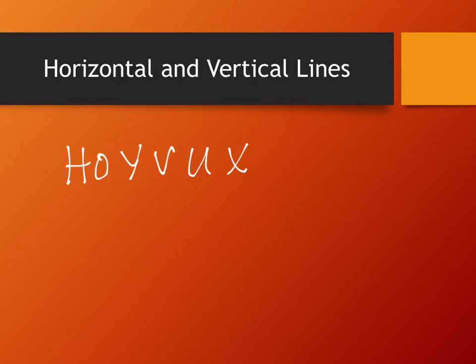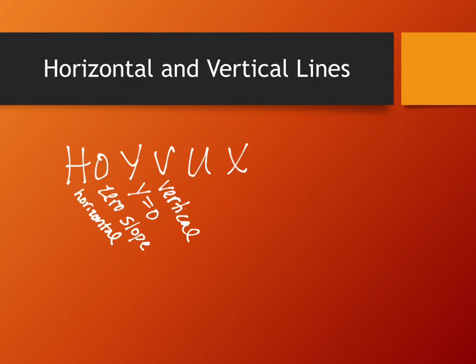H stands for horizontal. The O stands for the number 0, 0 slope, and the y stands for the equation y equals. V stands for vertical. The u stands for undefined slope.